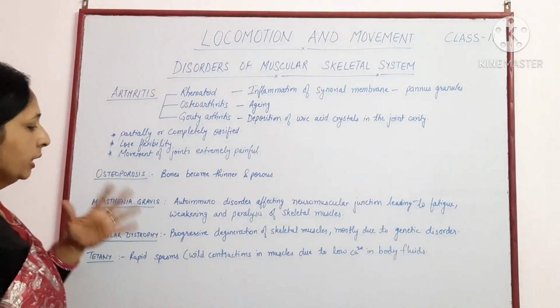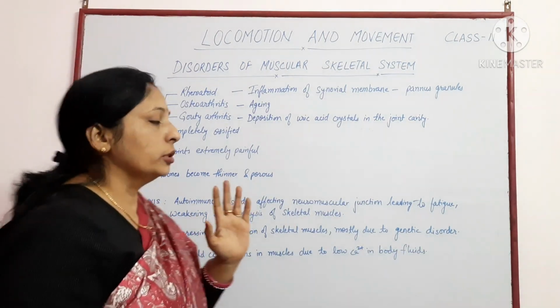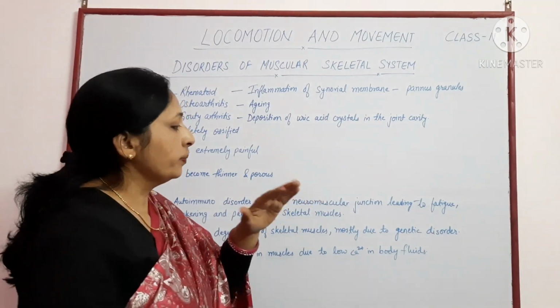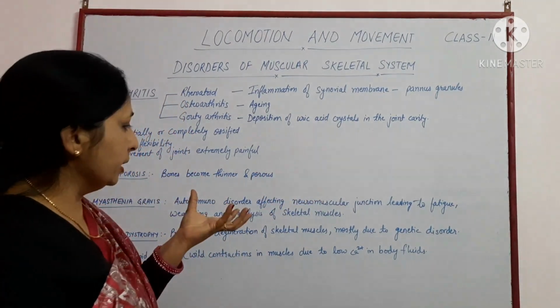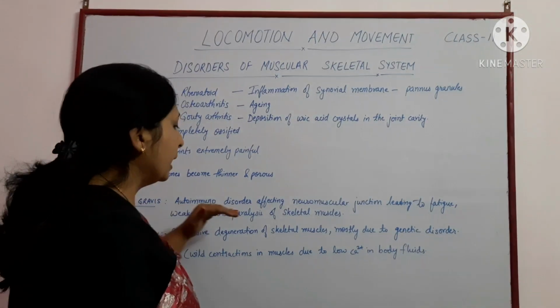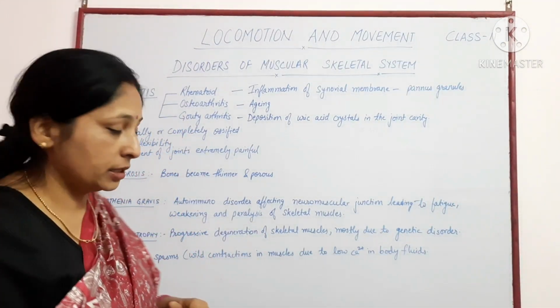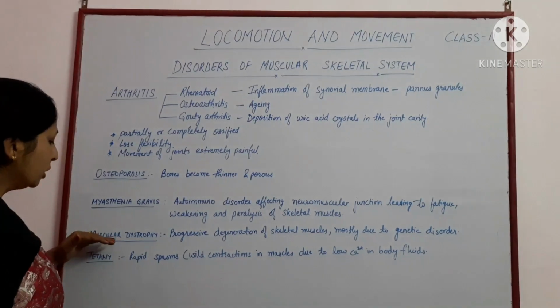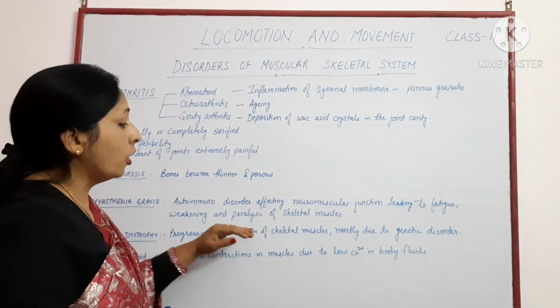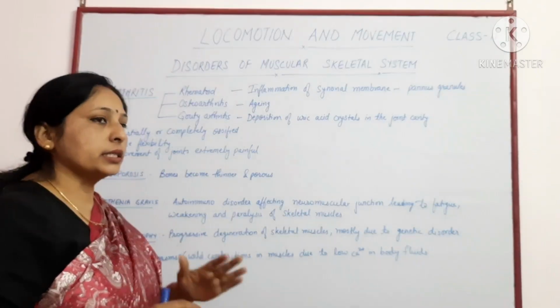Myasthenia gravis, an autoimmune disorder due to which the neuromuscular junction is affected, and it leads to fatigue, weakening and paralysis of skeletal muscles. Muscular dystrophy is the progressive degeneration of the skeletal muscles.